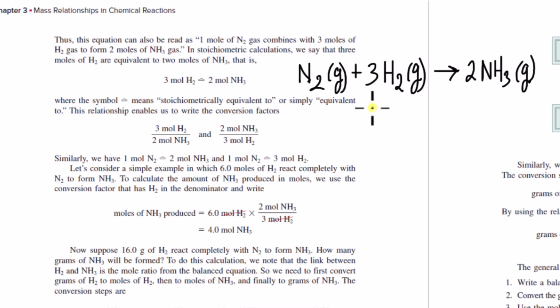You're not always going to have a case where you're thinking about, okay, I'm going to start with 3 moles of hydrogen gas and then let this reaction take place. So with that, how many moles of N2 gas were consumed and how many moles of NH3 gas were produced?